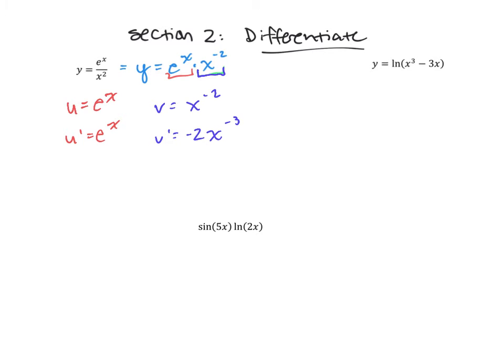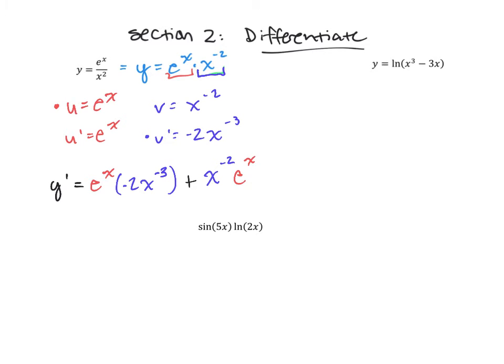And then it's just going to end up being y prime is equal to e to the x, and I'm just using that as my u, times v prime, so negative 2x to the negative 3, plus v, which is x to the negative 2, times u prime, which is e to the x.